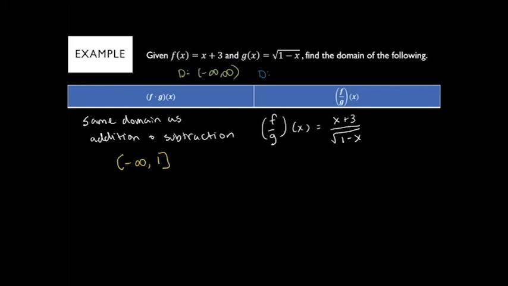The domain of g was negative infinity to 1. And then we also need to worry about this denominator. So that square root of 1 minus x cannot equal 0, because we can't divide by 0. So we have a third thing that we need to worry about here when we have the division.